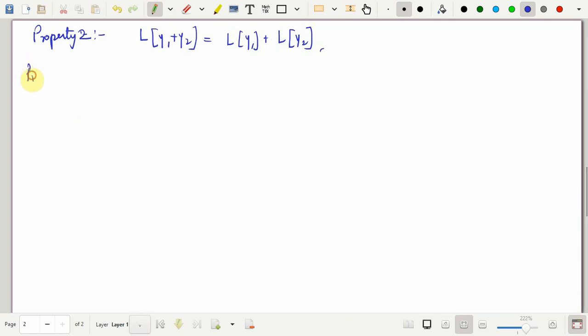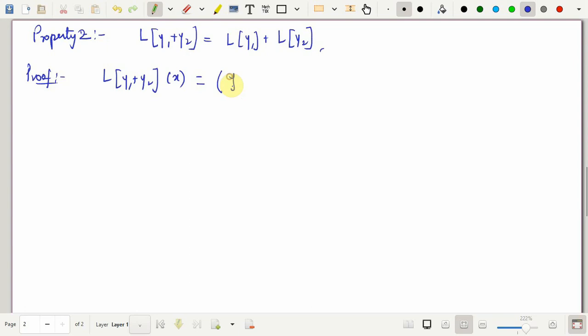To prove this, again we evaluate the left hand side at any point in the domain, say x, and then prove that the right hand side is nothing but the addition of two functions, L of y1 at x plus L of y2 at x. By definition this is the same as, instead of y you now have y1 plus y2.